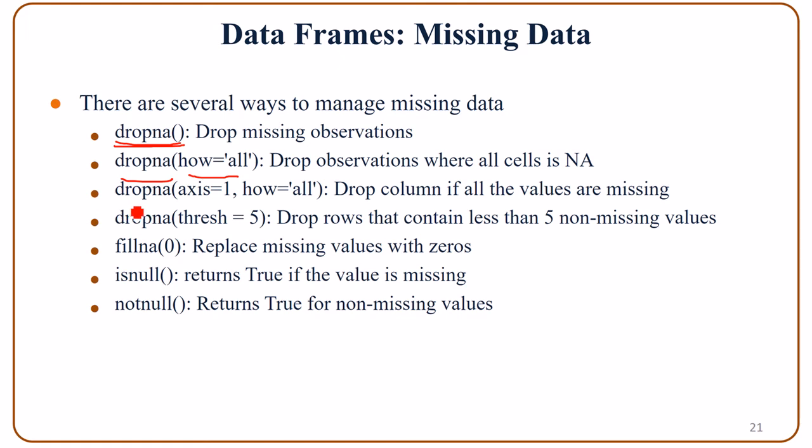There are some other examples like dropna with axis 1 and how is all, and dropna with some thresholding. fillna(0) replaces missing values with zeros.